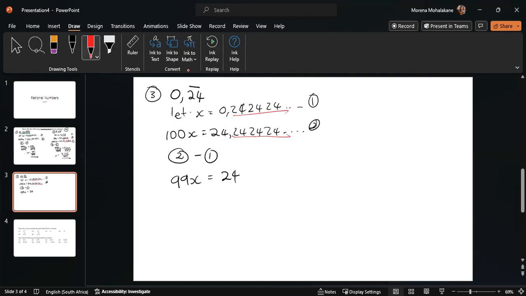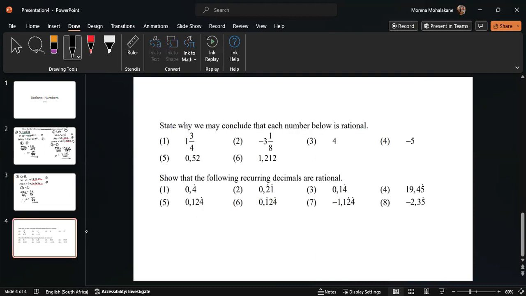Subtracting, 24 minus 0 is still 24. Then divide by 99, so the value of x is equal to 24 over 99. So it does show that this is a rational number. So these are the questions you'll have to do.